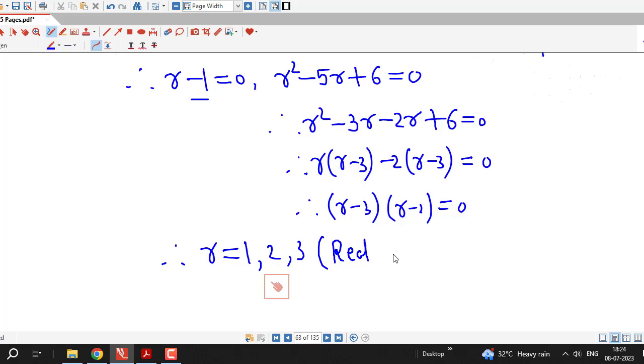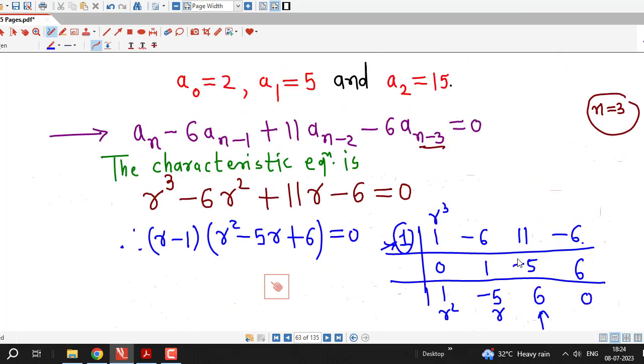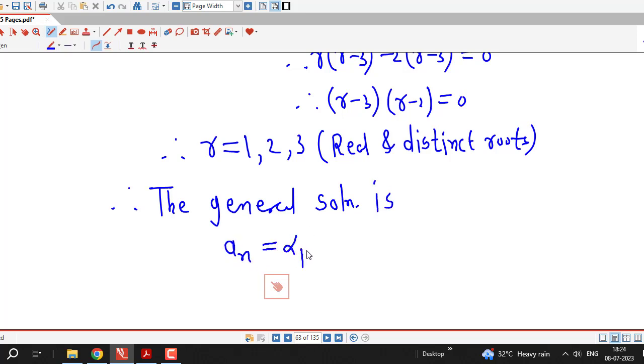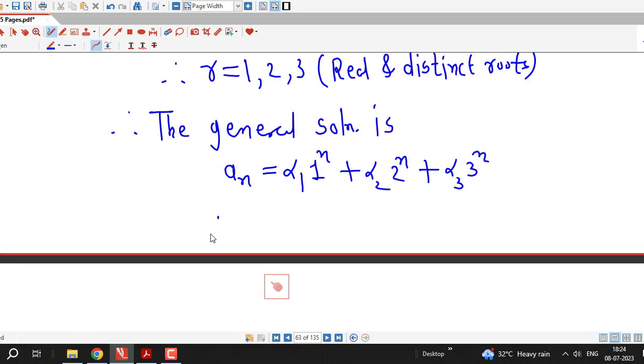So after solving these linear factors, I have r equal to 1, 2 and 3. That means I have real and distinct roots of the characteristic equation of the given recurrence relation, and therefore we can write down the formula for the general solution. Therefore the general solution to the given recurrence relation is a_n equal to alpha 1 times r raised to n, that is 1 raised to n for r equal to 1, for r equal to 2, alpha 2 times 2 raised to n, plus alpha 3 times 3 raised to n, and 1 raised to n is 1.